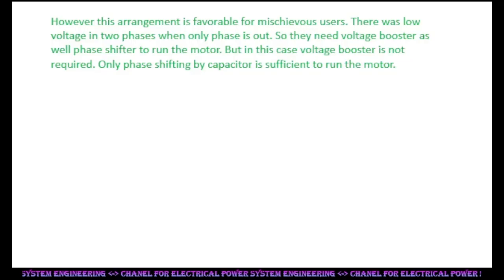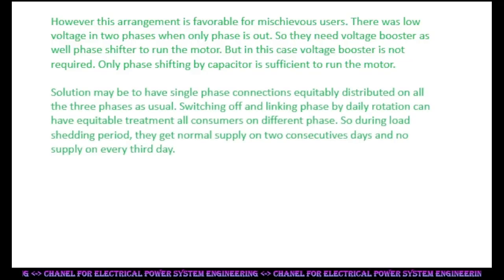But in this case, a voltage booster is not required. Only phase shifting by capacitor is sufficient to run the motor. The solution may be to have single-phase connections equitably distributed on all three phases as usual.